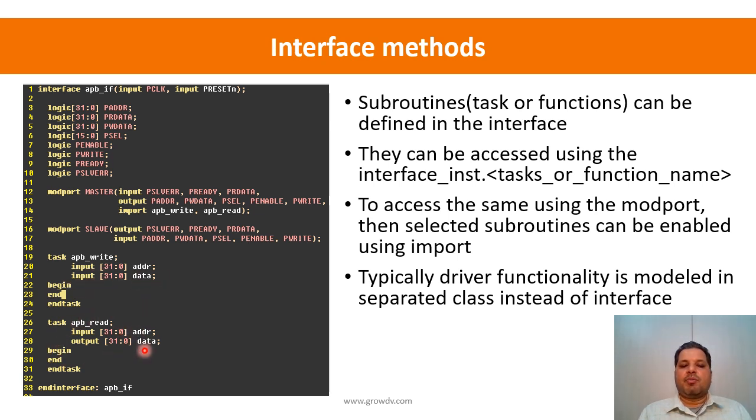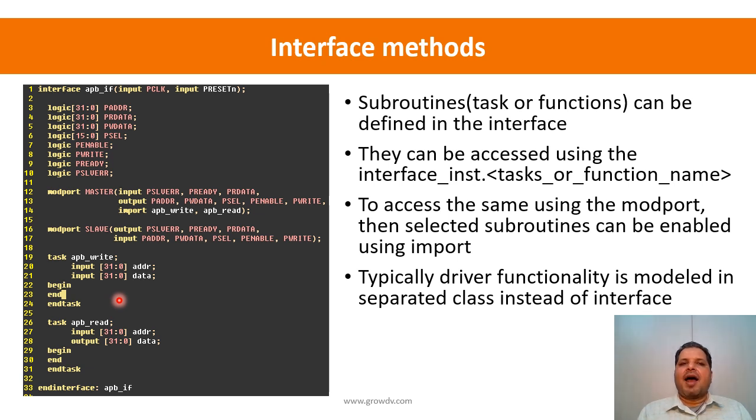Similarly, I can do APB read, where I am providing an input address, and the data read by this APB read is provided out through this output argument of data. And then for the tasks and functions defined within the interface, if I am using an interface object, then I can say interface object dot APB read or dot APB write, and I will be able to invoke the tasks or functions that I have declared within that particular interface.